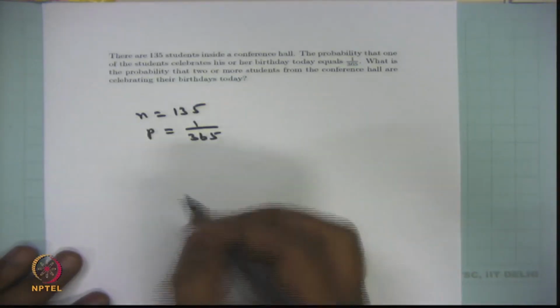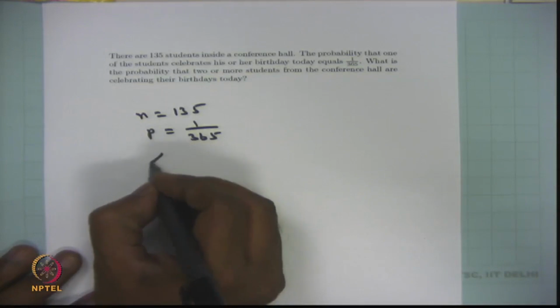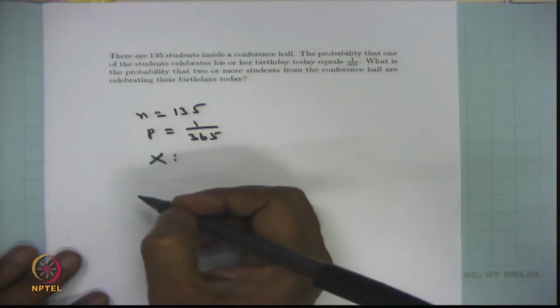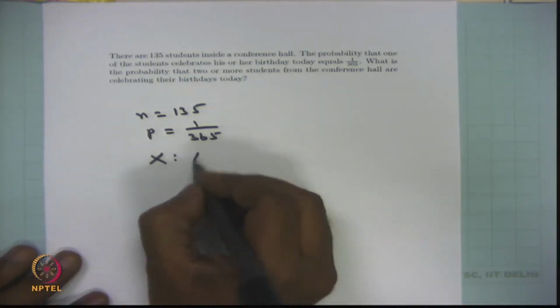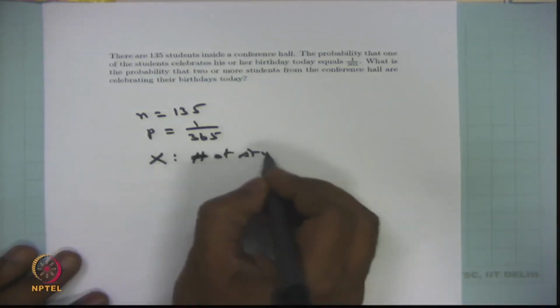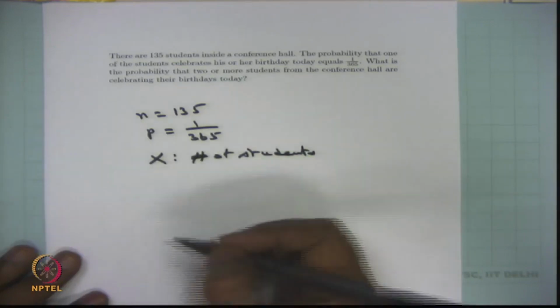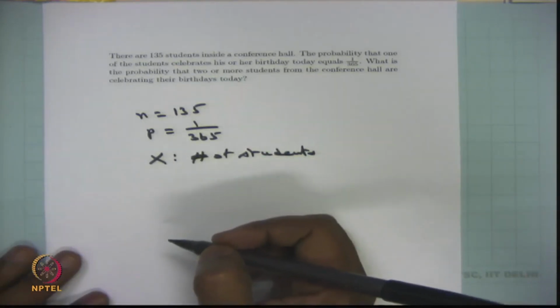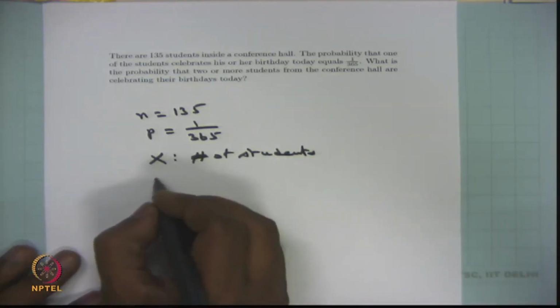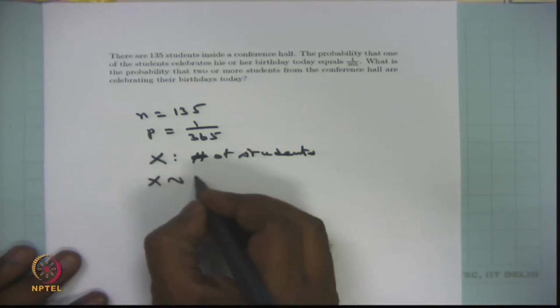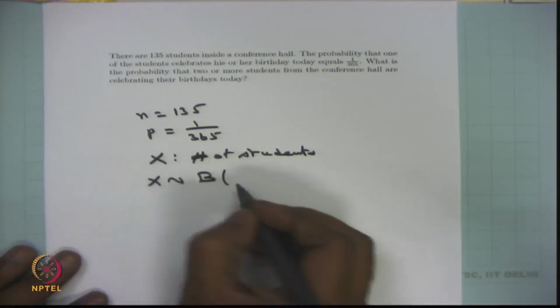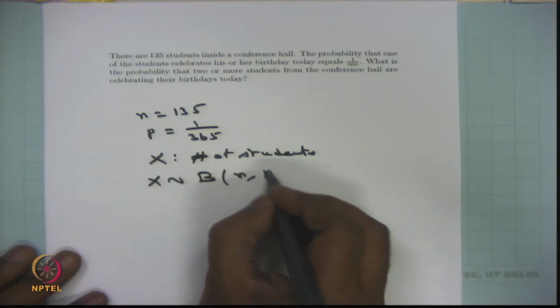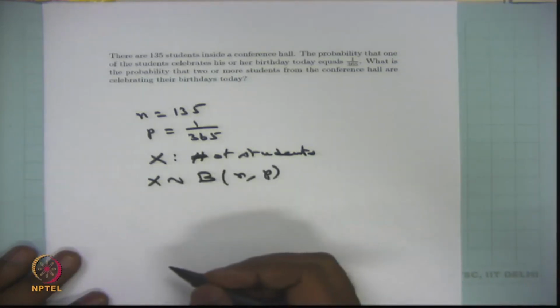I can match this problem with the number of students celebrating their birthdays, which is going to be capital X. Then I can conclude X follows a binomial distribution with parameters n comma p, where n is 135 and p is 1 divided by 365.